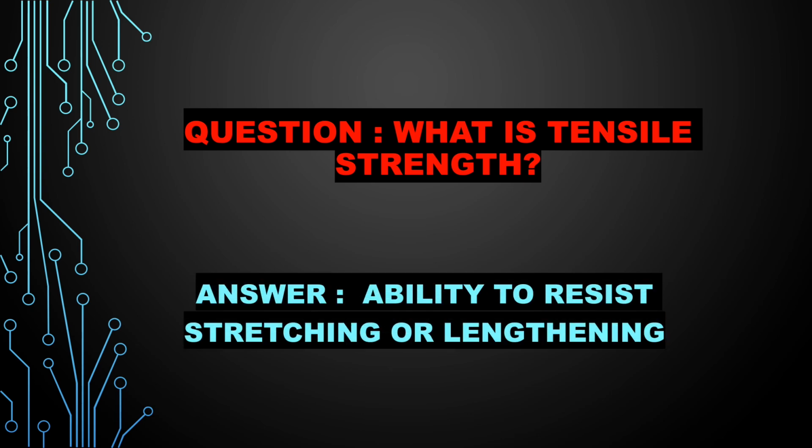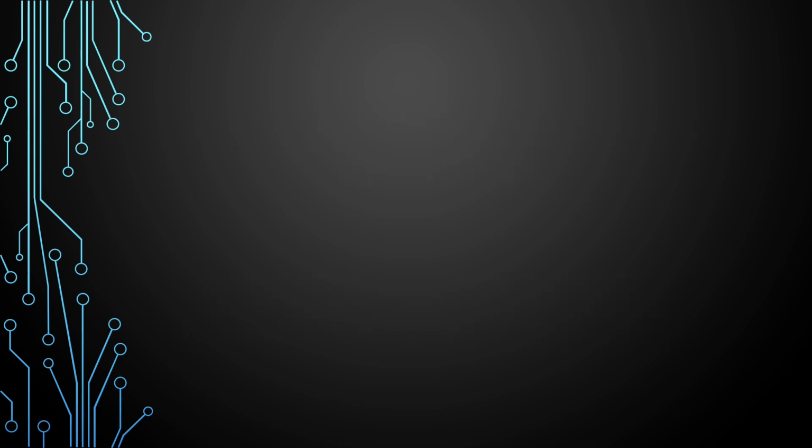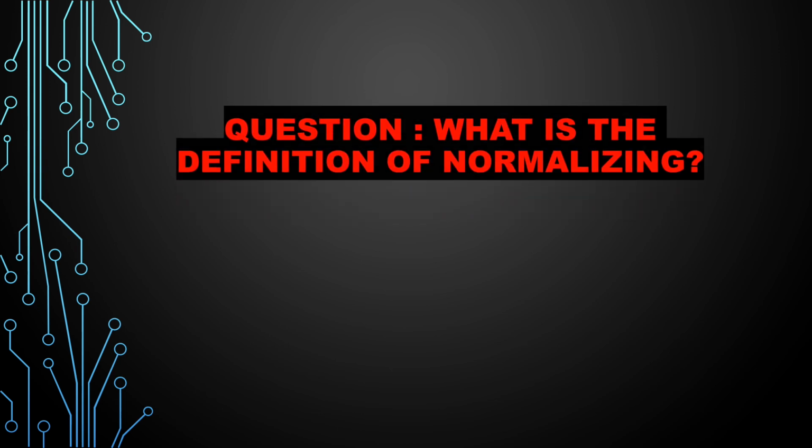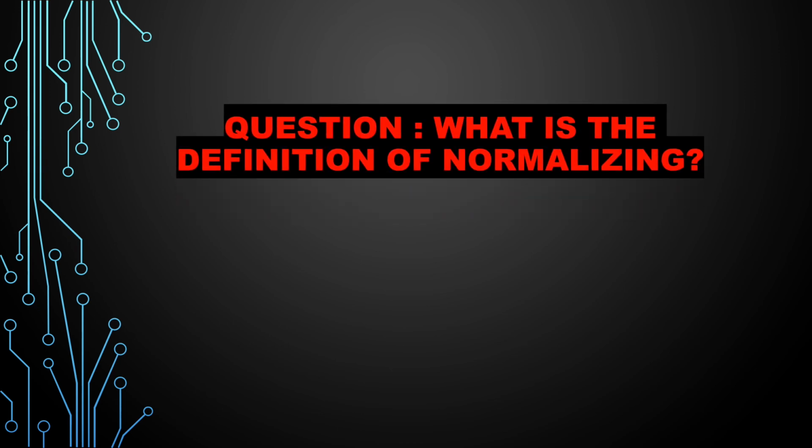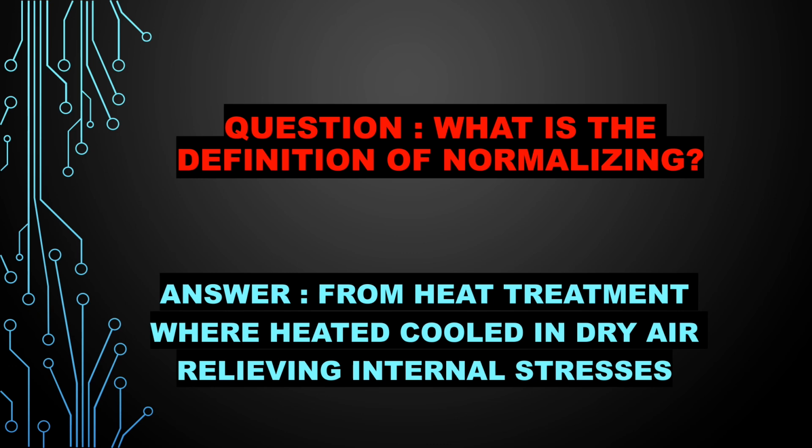Ability to resist stretching or lengthening. Question. What is the definition of normalizing? Answer. A form of heat treatment where metal is heated, cooled in dry air, relieving internal stresses.